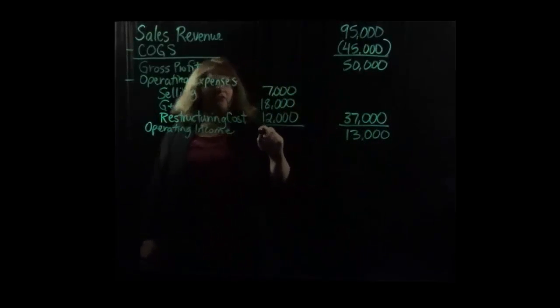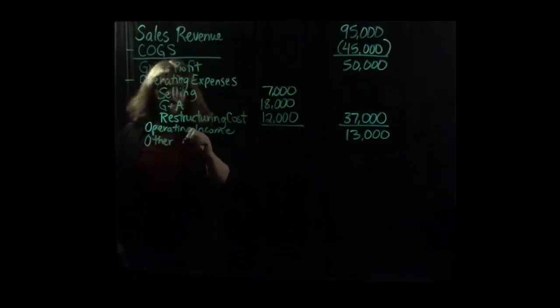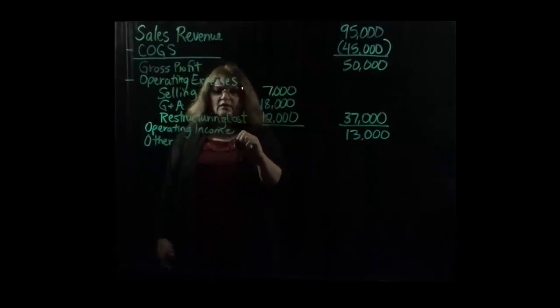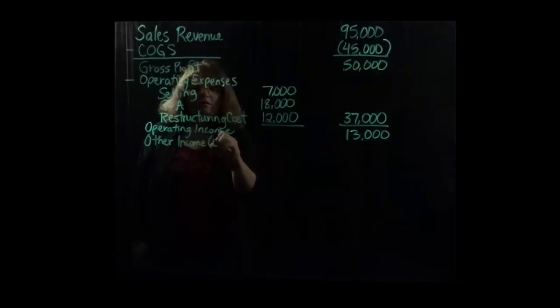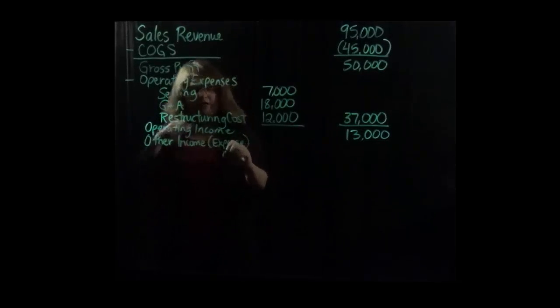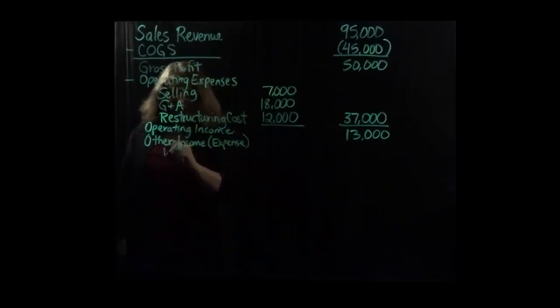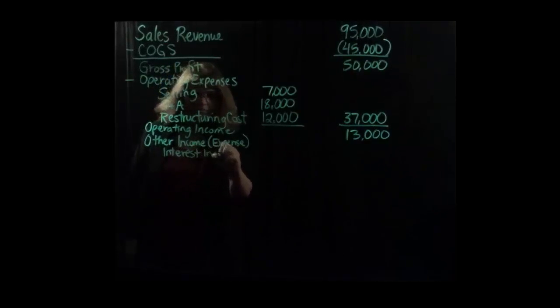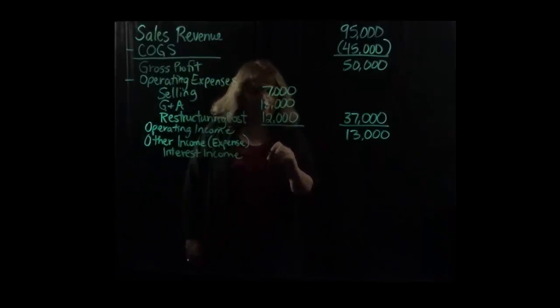Next, we take a look at other income and expenses, and those include things like interest, gains, losses, things like that. And we'll net them together to an overall other income or other expense. In this case, we have interest income of $8,000.